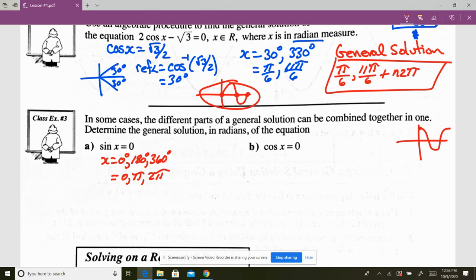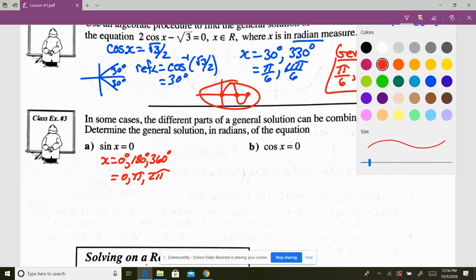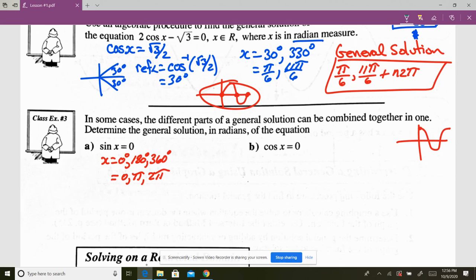If I want to know the general solution, what do I do? Multiples of the period. What's the period? There you go. So you can just go 0, pi, and 2 pi plus n 2 pi. Perfectly correct answer.